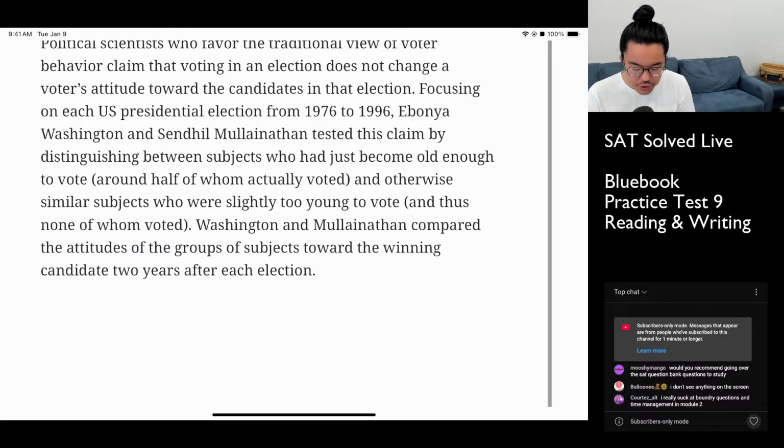Focusing on each election for 20 years, there are people who just became old enough to vote, and half of them voted. And there are people who are unable to vote, and none of them voted. And we compared the voters versus the 50% voters and the non-voters, and the attitudes were compared after 2 years.